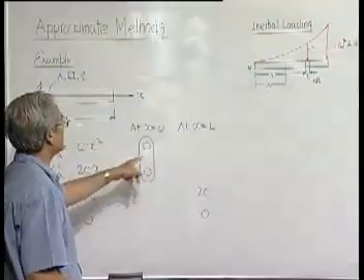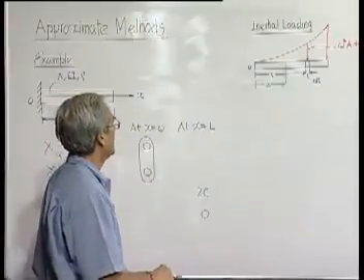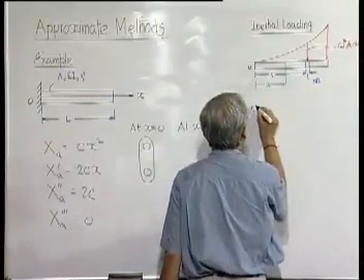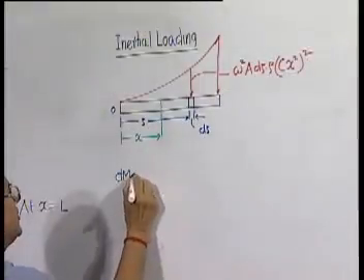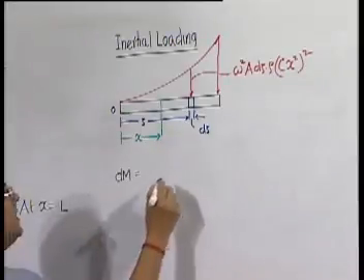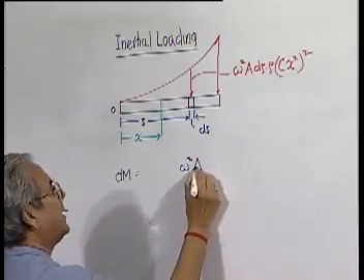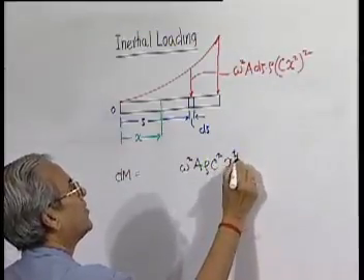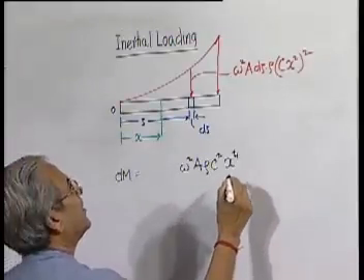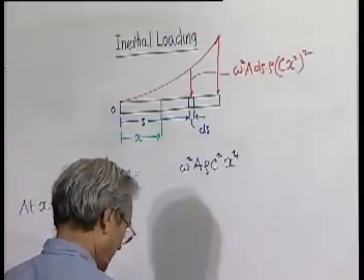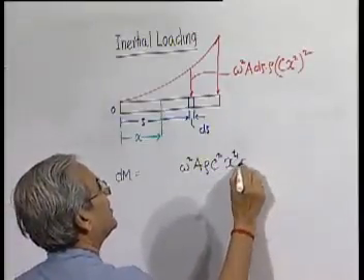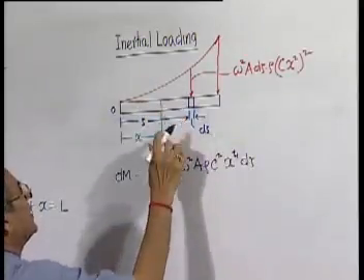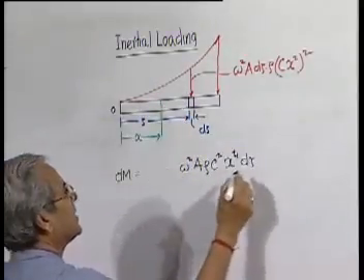So that is the inertia force. And moment of that at x is equal to x due to this element will be omega square A rho c square x to the power 4 d zeta into this distance, zeta minus x.